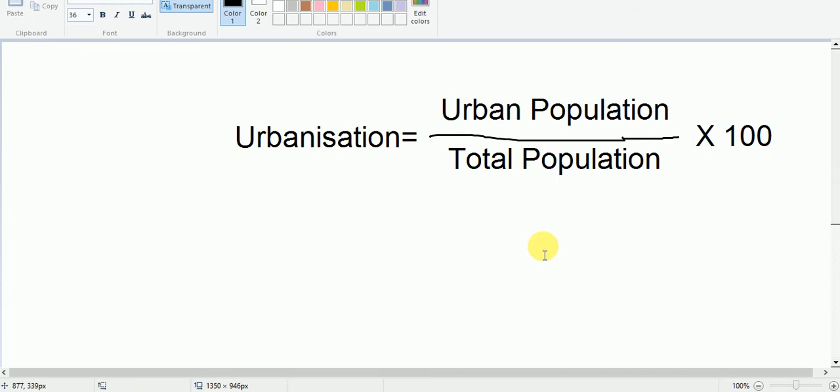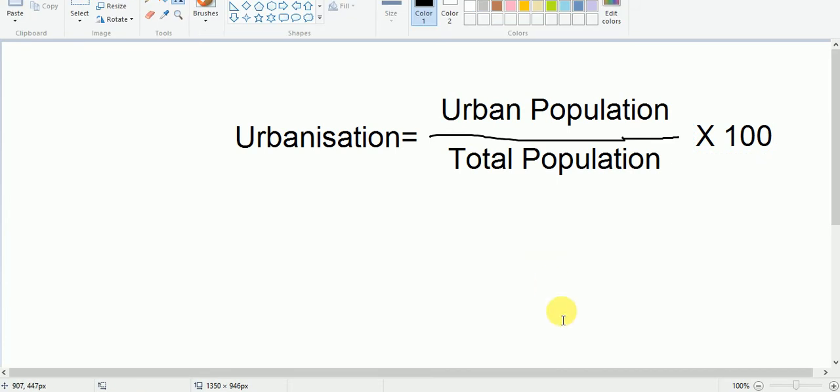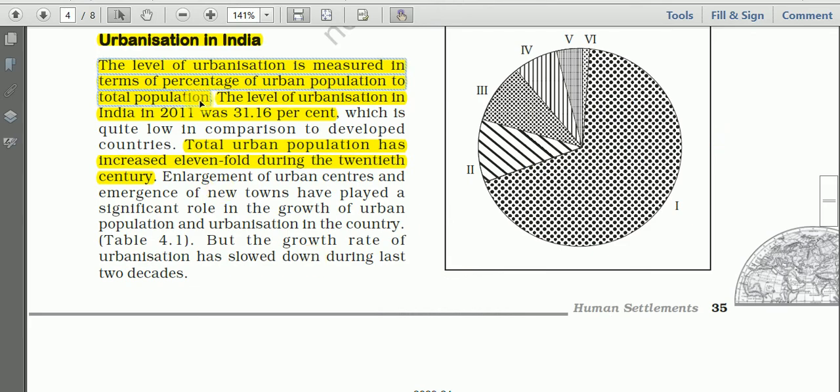So this is the formula used for the calculation of the level of urbanization. The urban population is to be divided by total population, then multiplied by 100, in terms of percentage of urban population to the total population.